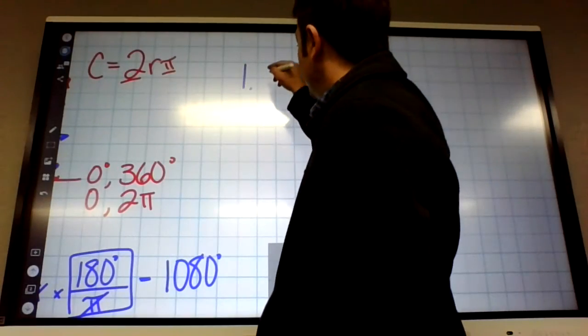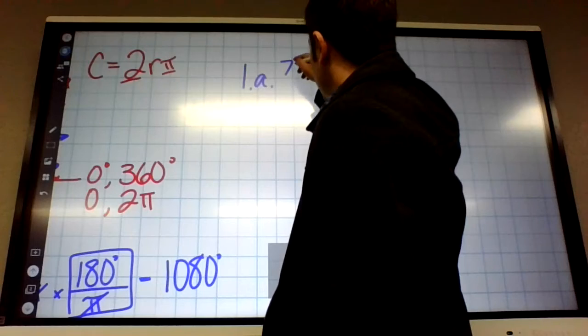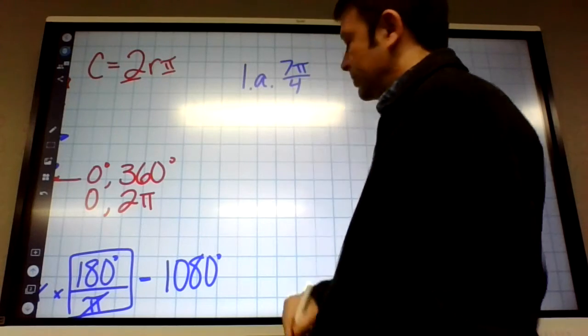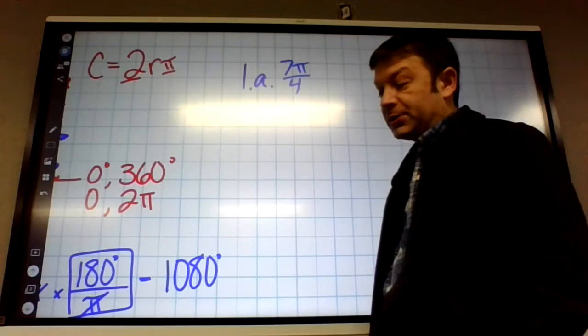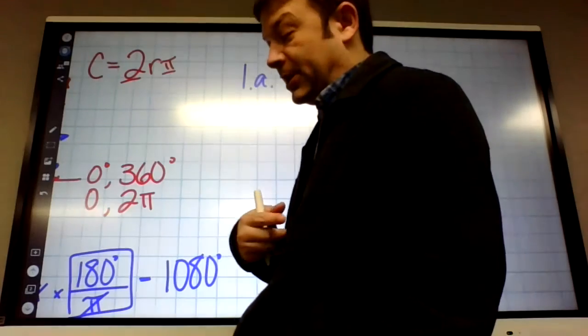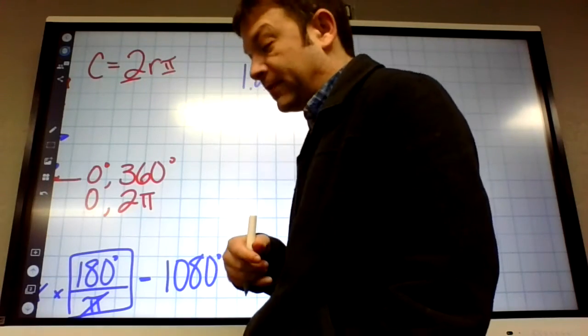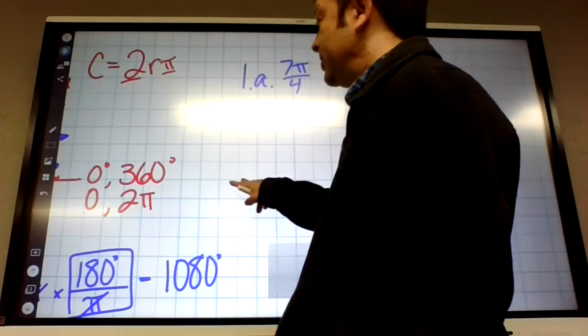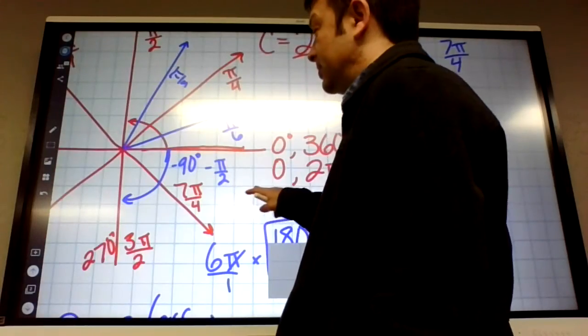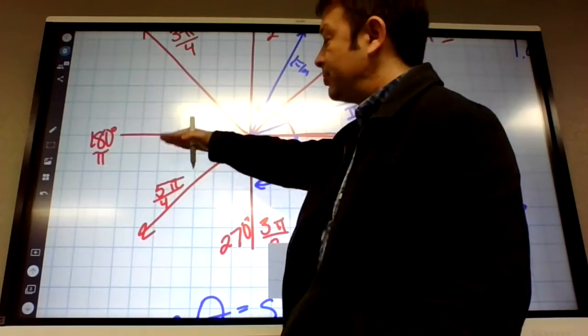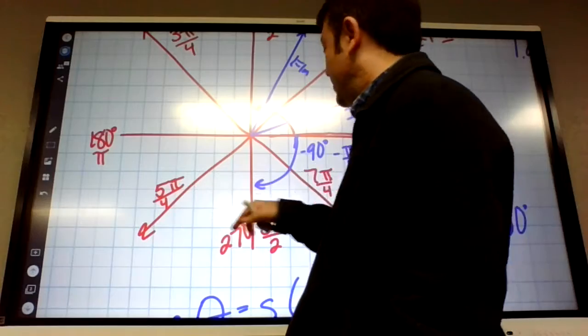Go back and forth. 7 pi over 4. Of course, if the number's not in the table, you would have to use the converter. So 225 is 45 past 180. So it'll be 5 pi over 4.